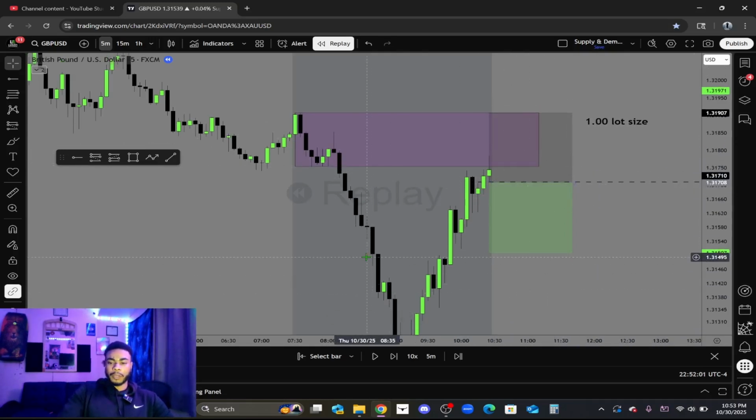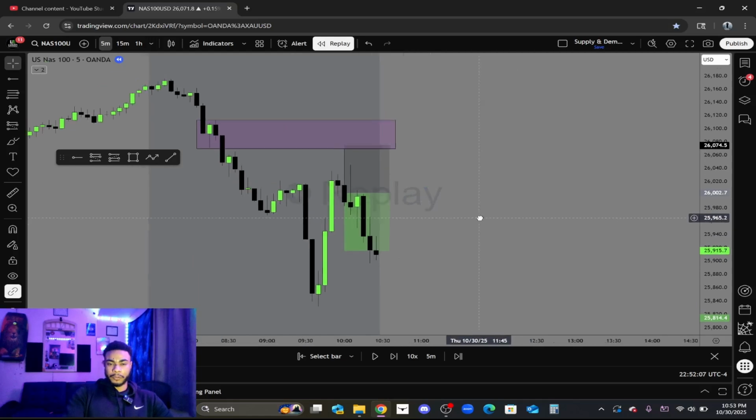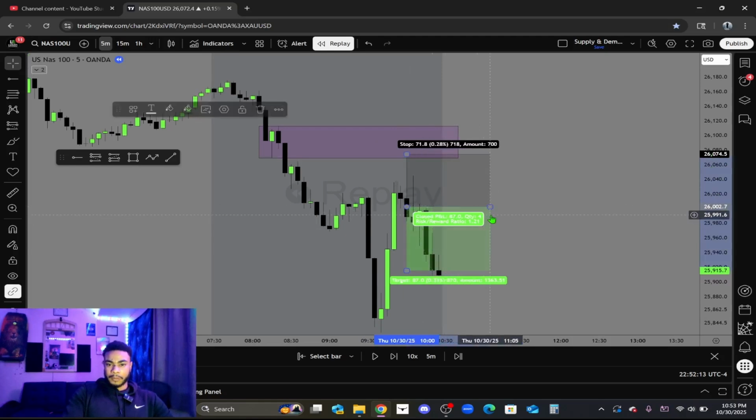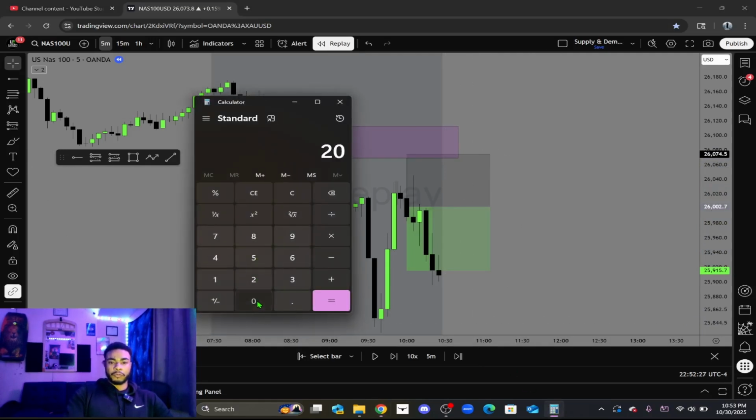So now let's say you were to do that in NASDAQ, because NASDAQ is a little bit different. For example, right here, there's a trade I took today. Here in NASDAQ, it says the stop is 718 pips, or 718 points. Since that's how many pips it is, you'll do the same thing: 200 divided by 718 pips or points, and that gives you your lot size, which is 0.27, or 27 cents per pip, per point.